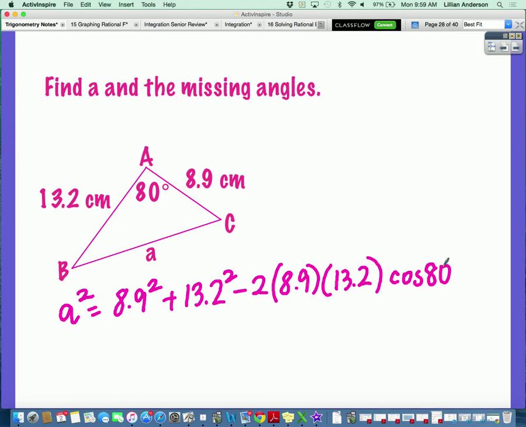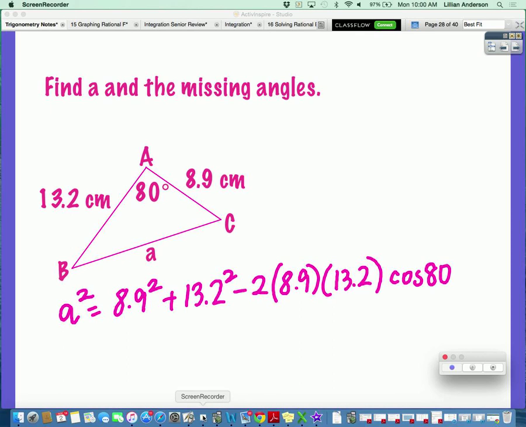Now, as much as you guys do not like doing this, I strongly suggest you make sure that you show this step. Because if anything goes wrong in your calculations, you can at least get a method point and an accuracy point because you knew what formula to use and you plugged it in correctly. It's just either you rushed through it, you missed the square, or you were in radian mode when you should have been in degree mode. So you'll get that number, and then your last step would be to do what to it?